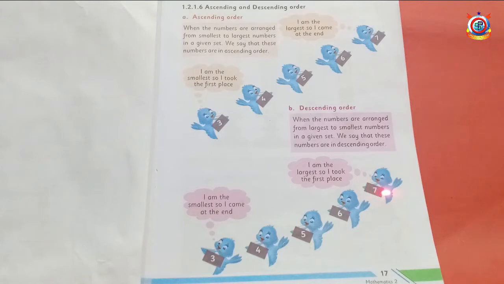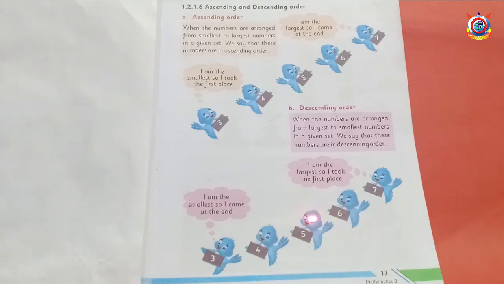We'll start from here because in descending order we start from the greatest number. Therefore, this bird is in first place. This bird has the number 7, which is the greatest number. After 7, the smaller number is 6.